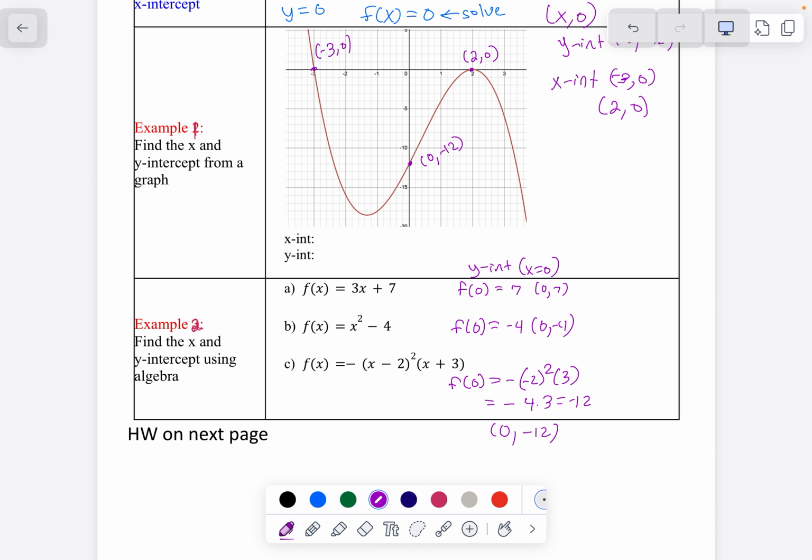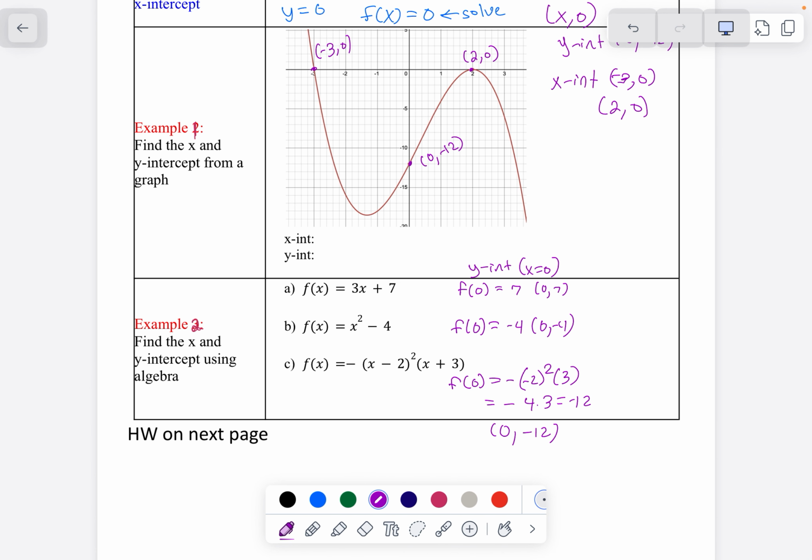Okay, so let's just take a minute and plug those equations into Desmos. If you go on your Chromebooks, it's a good idea to practice entering these with me.